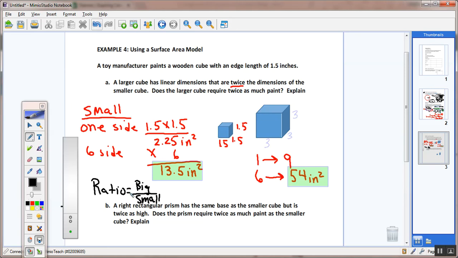How much surface area in the bigger figure do we have to paint, kids? 54 square inches. How much area in the smaller figure? Okay. So in this cube right here, somebody run 54 divided by 13.5.